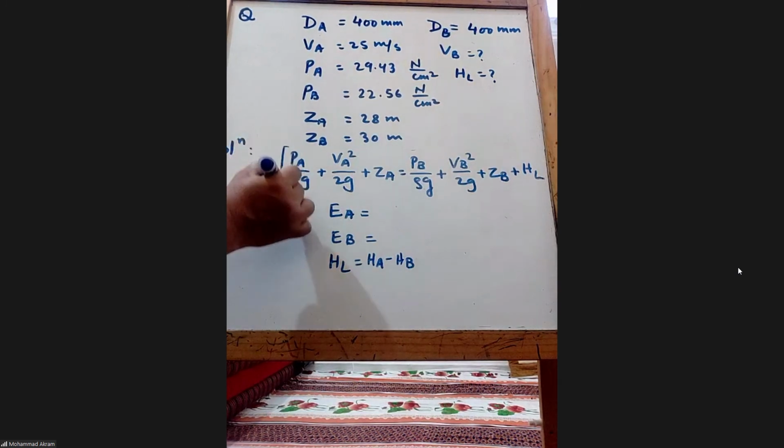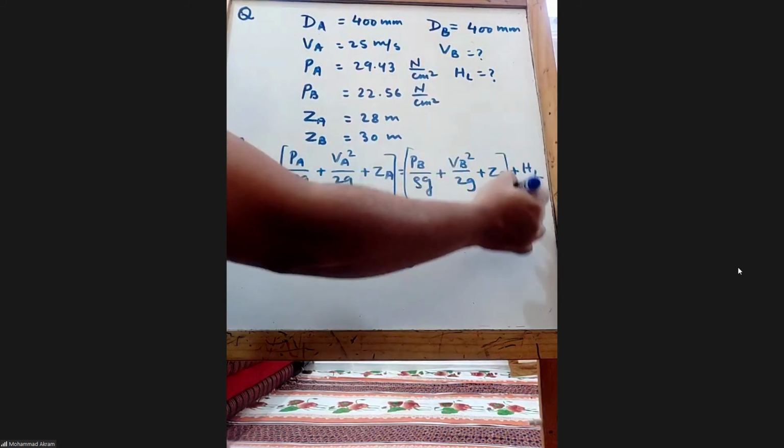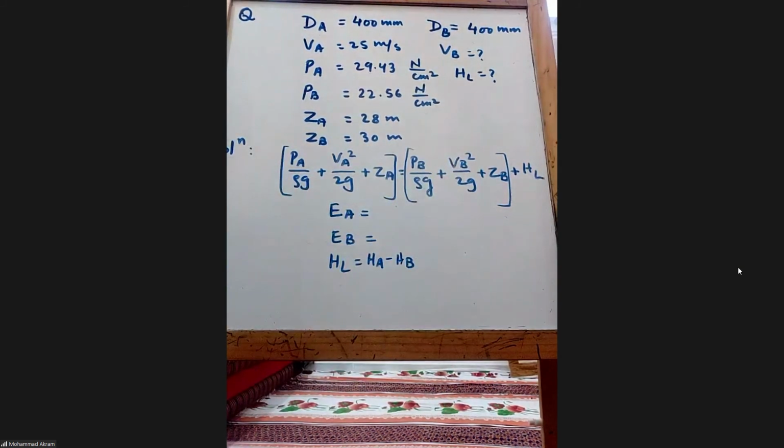For example, is the flow from A to B or B to A? How will you decide? Is it mentioned as inlet and outlet, or A and B only?